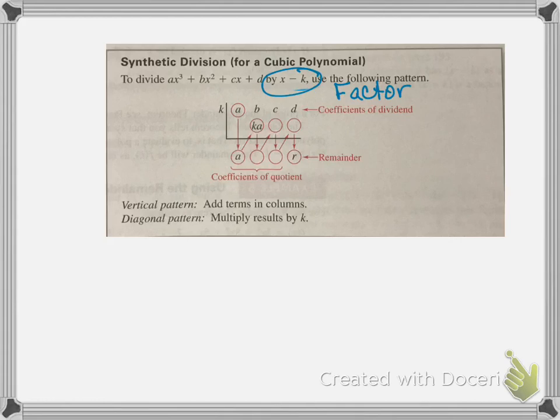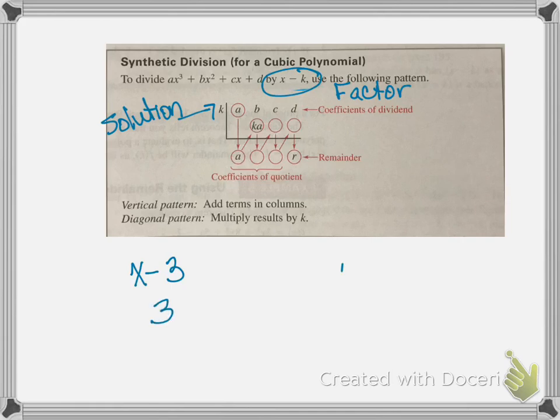The difference when I do synthetic division, what I put inside my box is a solution. Okay? So if x minus 3 is a factor, what is a solution associated with that? It's not negative 3, positive 3. Okay?